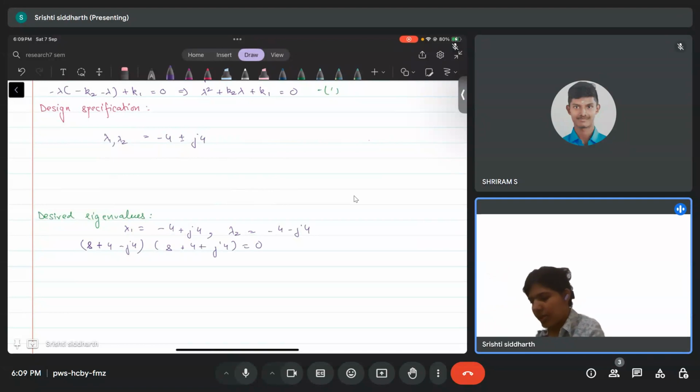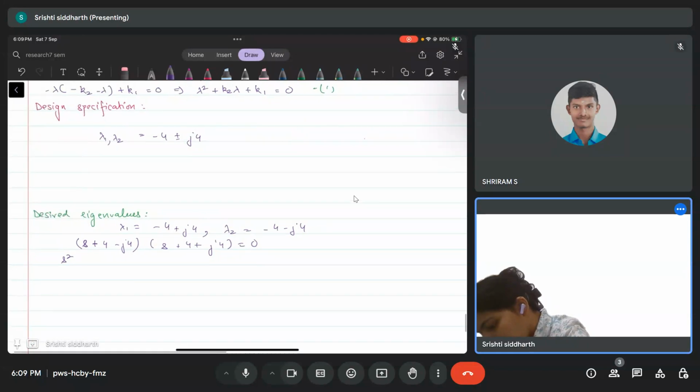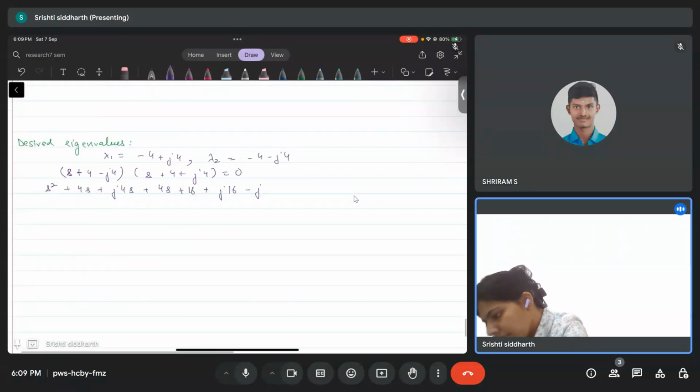So let's expand this. The first one is s square, plus 4s, plus 4s, and then the last ones are going to be 16.